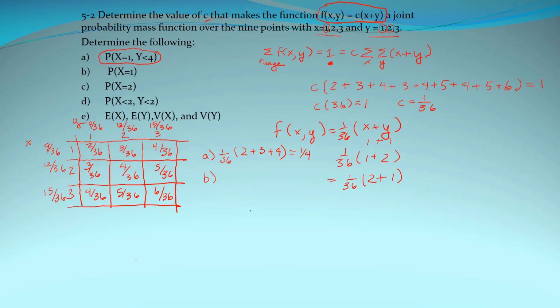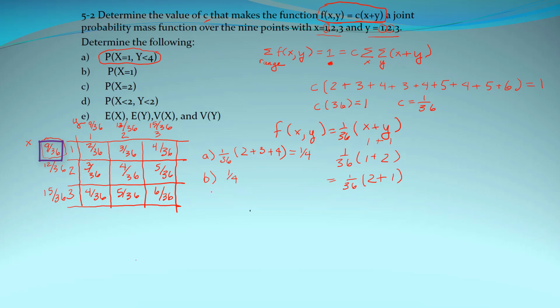It says x is equal to 1. Shouldn't that be the marginal distribution here? Yeah, it should be. So it turns out to be 9 over 36, which is 1/4.